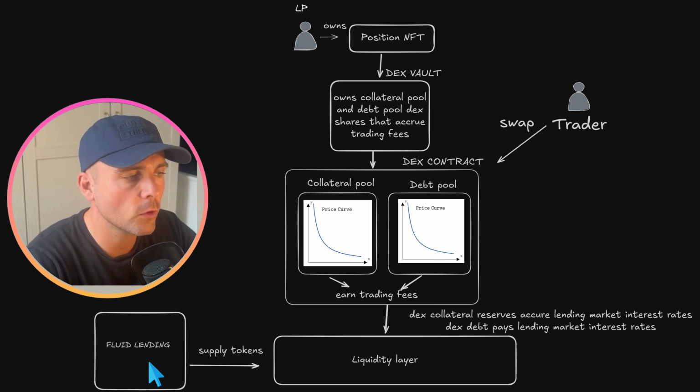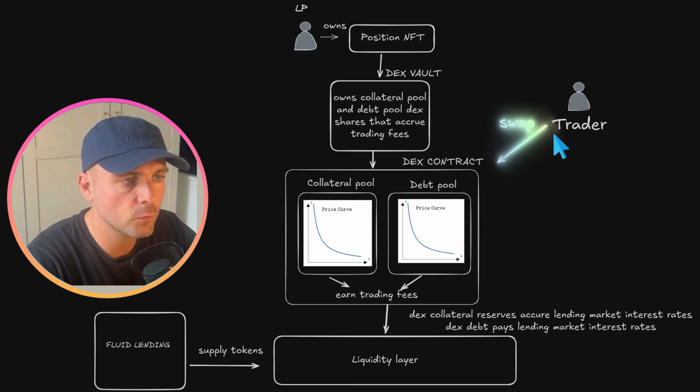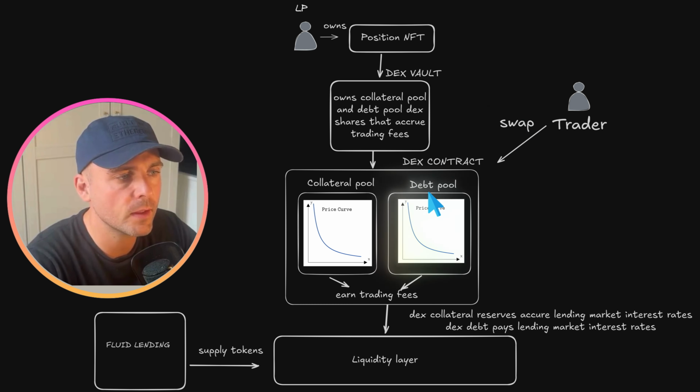Now, Fluid lenders don't really care about this because they are not affected by this price risk. They just see the utilization rates of the assets of that smart debt token pair evolve with every swap that takes place. Because a swap essentially against the debt AMM pool is a borrow and a payback.